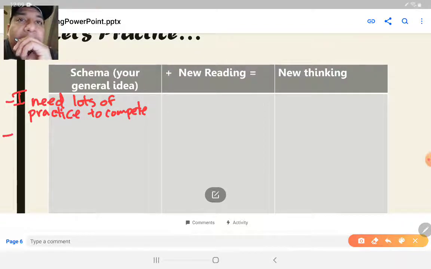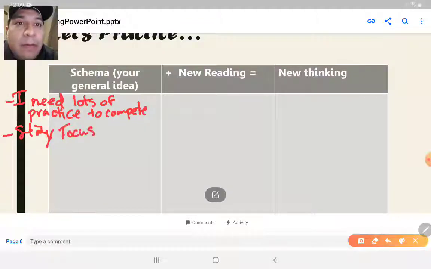I know that I need focus, right? Make sure that I'm focused on what I'm trying to accomplish. So if I want a gold medal, or if you want to win something, you need to stay focused, right? The other thing, let's come up with three things.